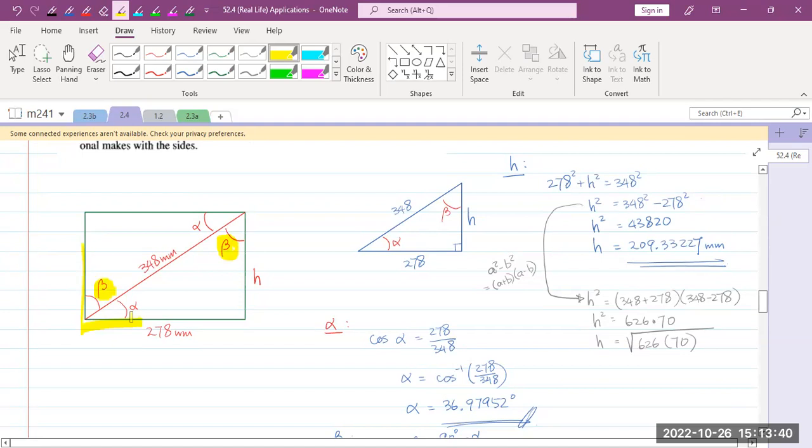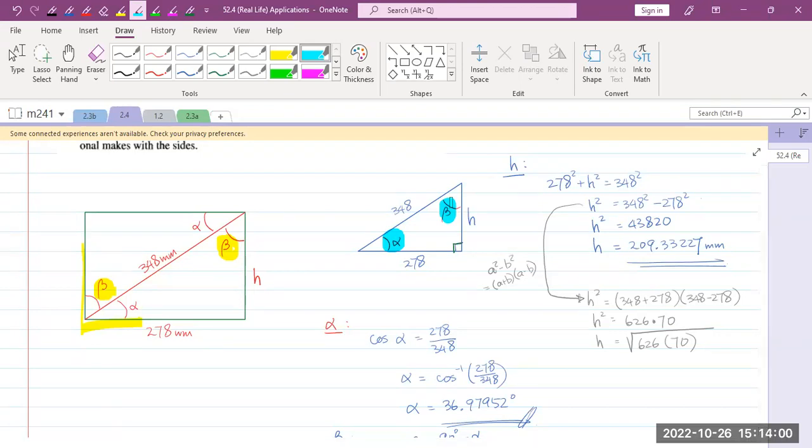So that confirms that the sum of the two non-right angles in a right triangle, so you have a right triangle here, right? Two of the non-right angles, when they add up, they add up to 90 degrees. Okay, they are complementary angles. Okay, that's for number 4.